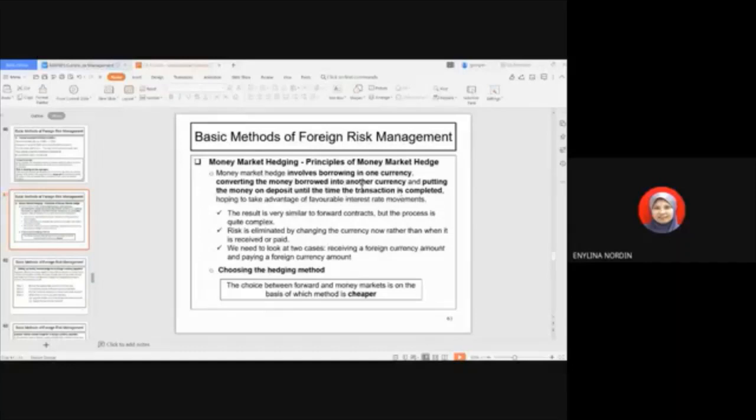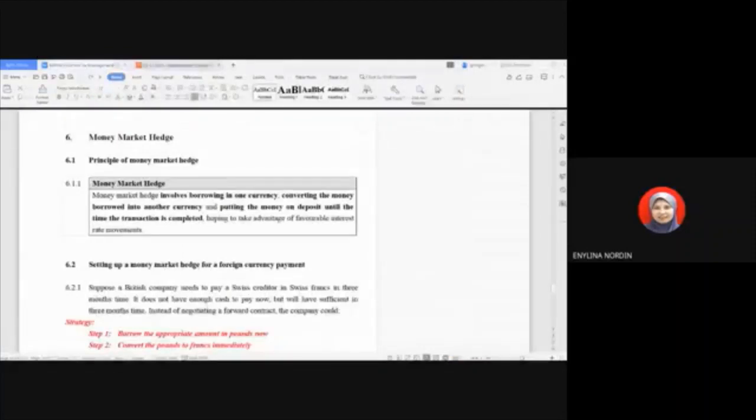The transactions are either receiving or making payment. So this money market hedging can be applied to foreign payment and also to foreign receipt.